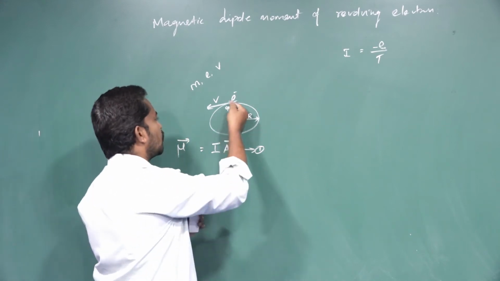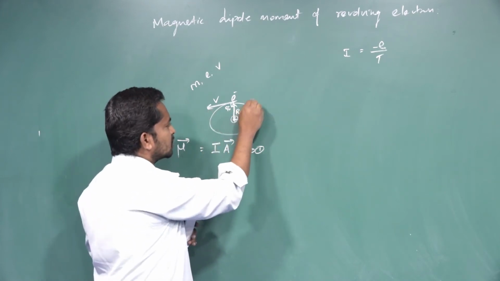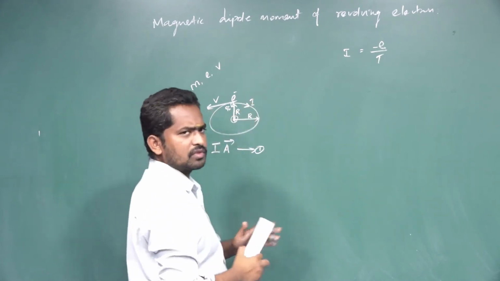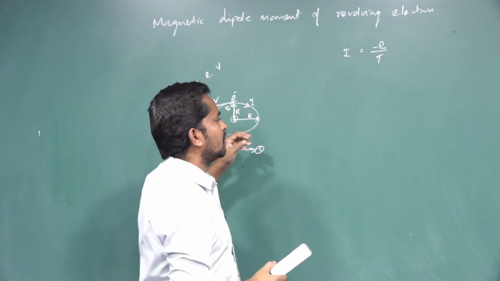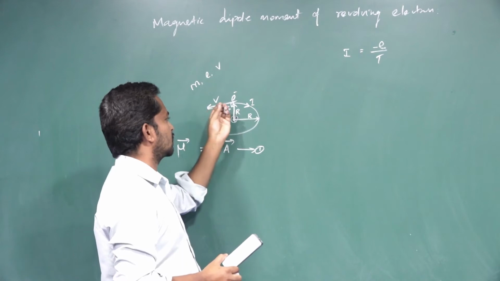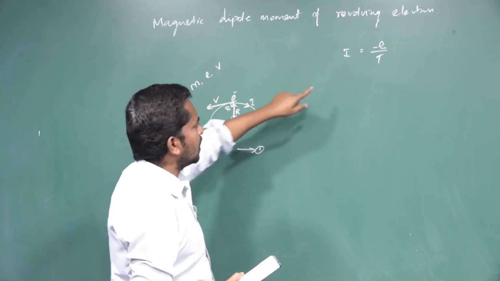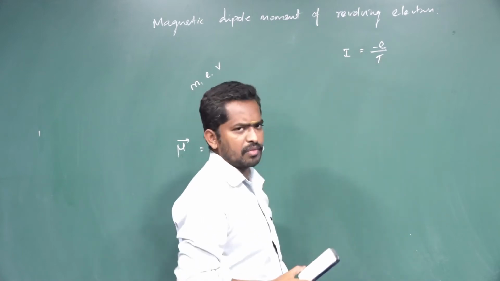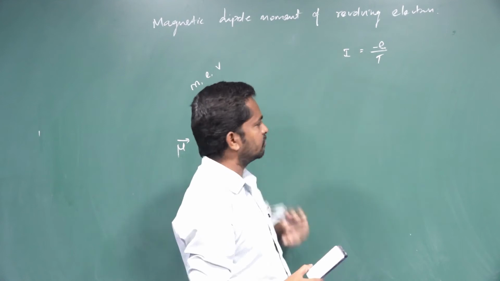The electron revolves in this direction, anticlockwise, but the current direction is clockwise. The negative sign almost indicates this. So I is equal to minus e divided by T.